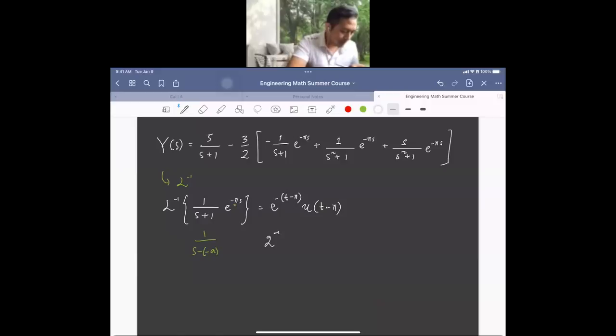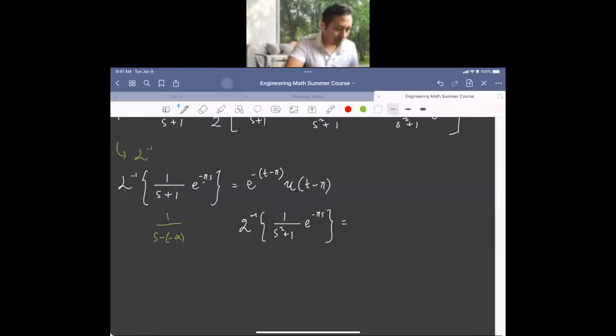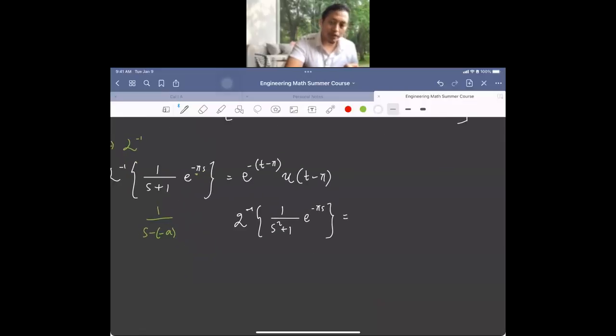And then we also have another term, Laplace inverse of 1 over s squared plus 1 times e to the negative pi s. Every time you have s squared plus something, it's either sine or cosine. But this time, because the top is a constant, it should be sine.